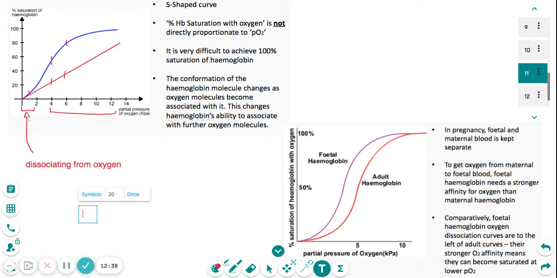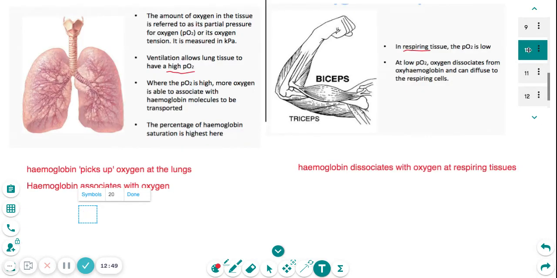So why is that a good thing? Why is it good that hemoglobin dissociates from oxygen when there's low partial pressures of oxygen? Well, let's have a look at where there's low partial pressures. The working muscles, the respiring tissues, this is where there's low partial pressure of oxygen.